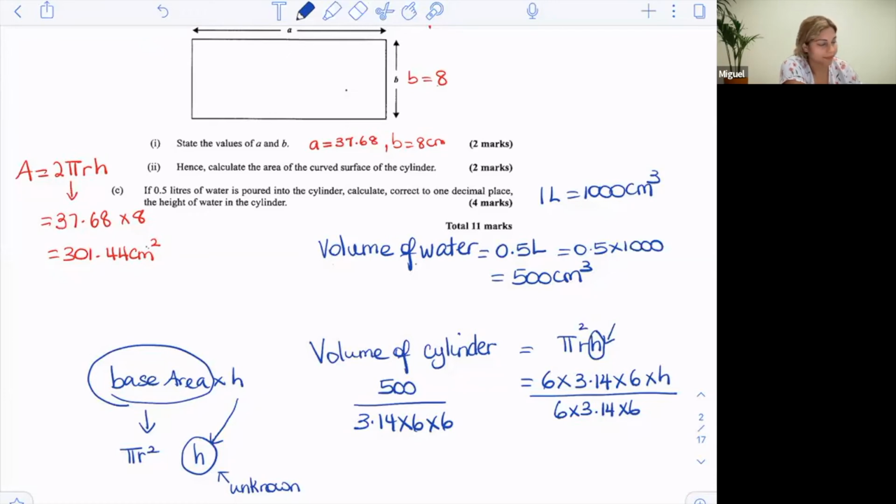All right, does anybody have an answer? Did anybody get an answer? 500 divided by 3.14 divided by 6 divided by 6. Did anybody get an answer for the height?